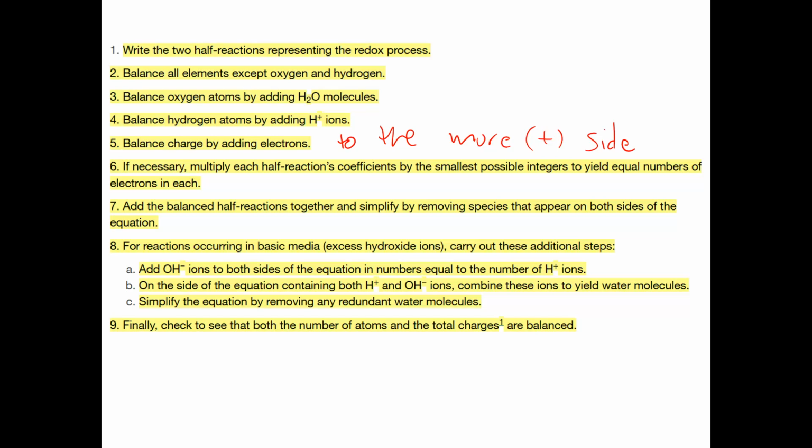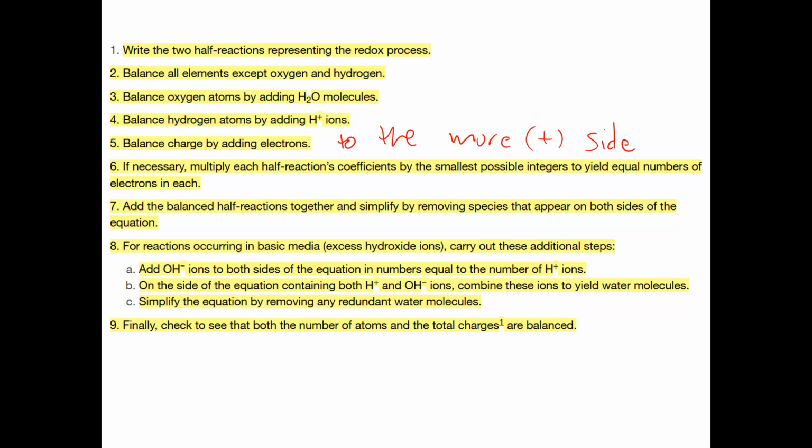Then you're going to add your half reactions together and simplify by removing things that appear on both sides of the arrow in the same form. Once we've done that, we will be balanced if we are in acidic or neutral conditions. However, if we are in basic conditions, we'll need to do a few more steps.